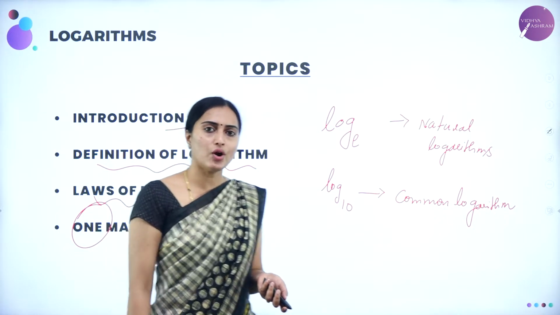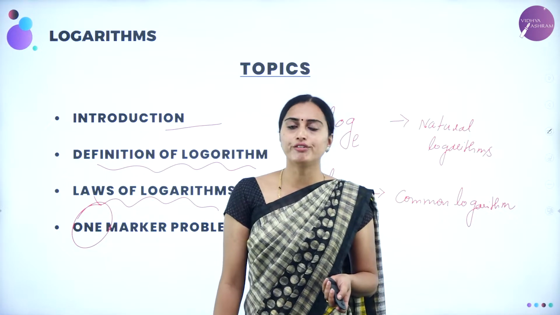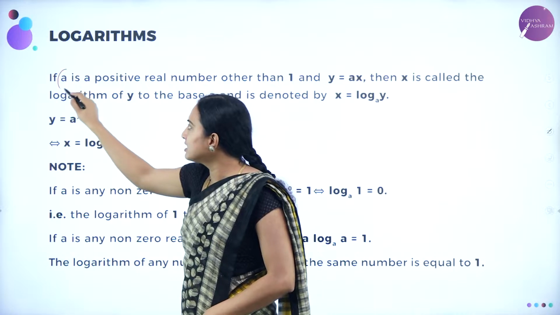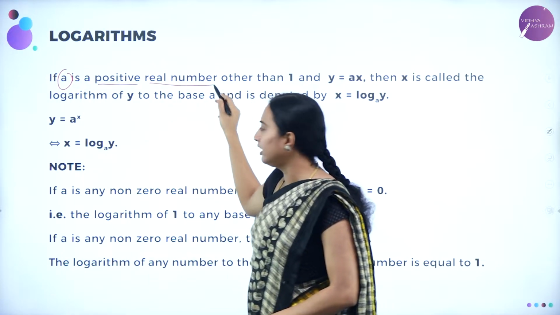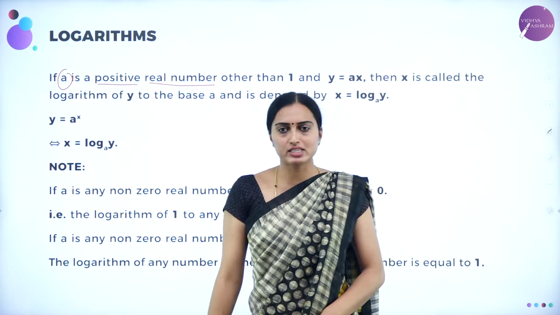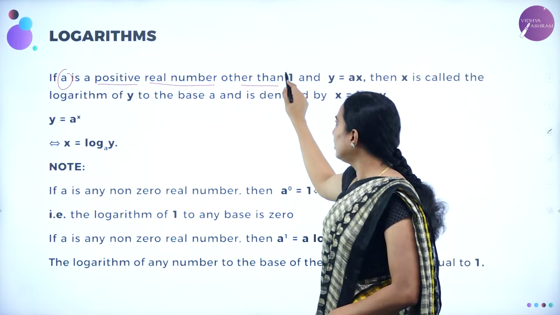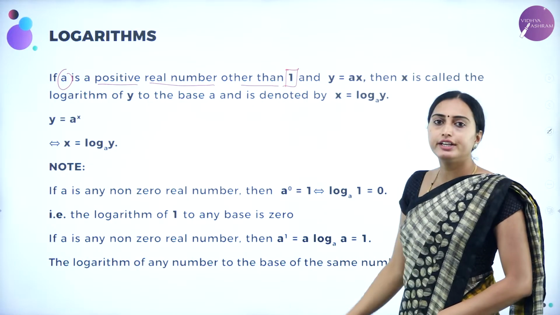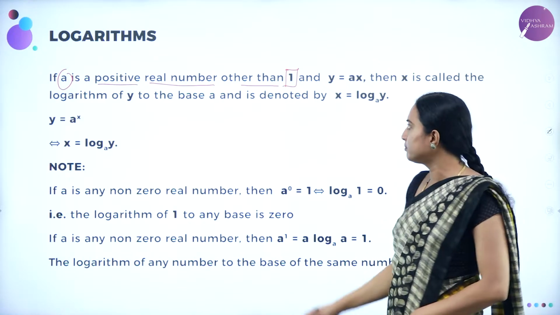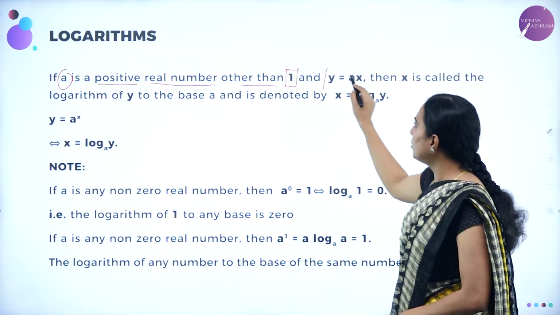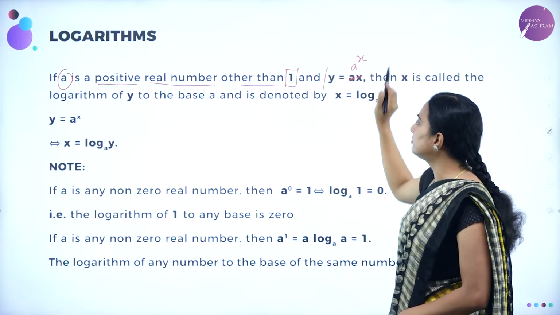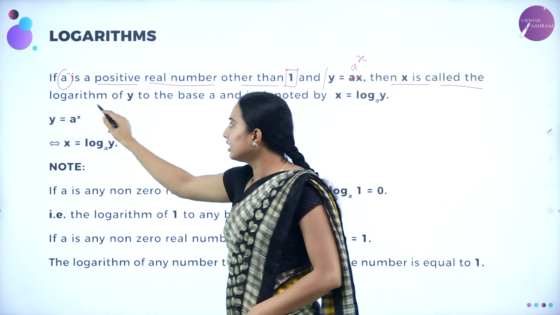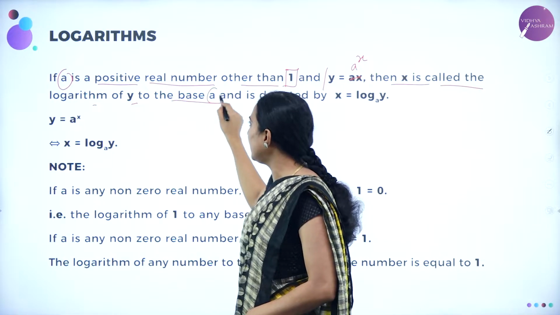Next, we'll move on to the definition of logarithm. What do you mean by a logarithm? Here, a is a positive real number other than 1. Why other than 1? I will tell you that also after defining the notation of logarithms. And y is equal to a power x. Then x is called the logarithm of y to the base a.